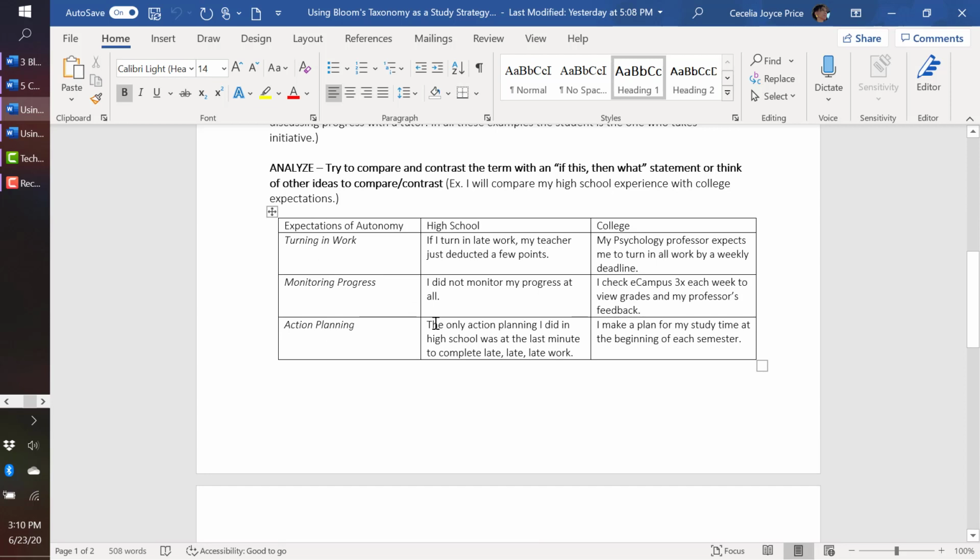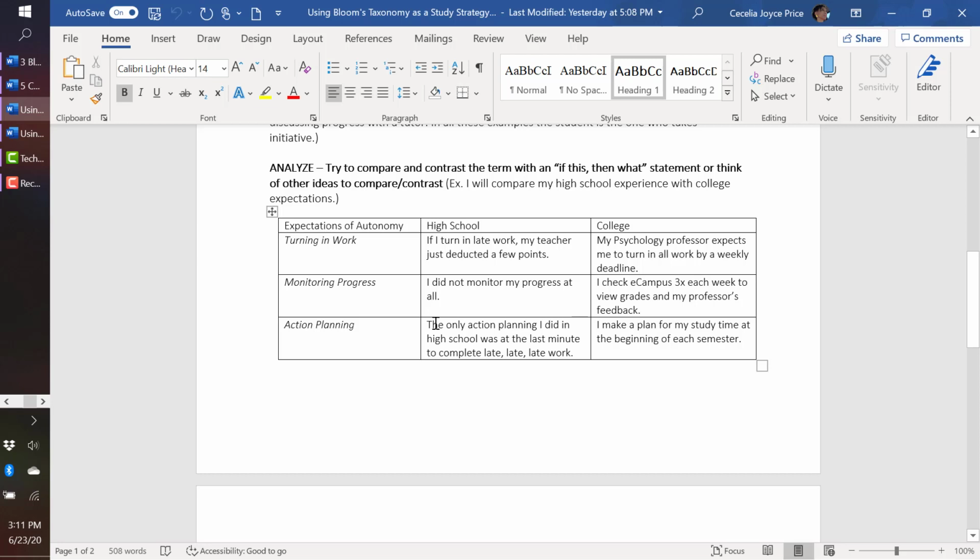Analyze. Okay, now, taking this thinking even higher. Remember, when you analyze a concept, you can do a number of things. You can compare and contrast. You can show advantages and disadvantages. You can distinguish that concept from other concepts. All of those are analyzing because you're breaking down the concept, you're looking at pieces. This is what this person decided to do.